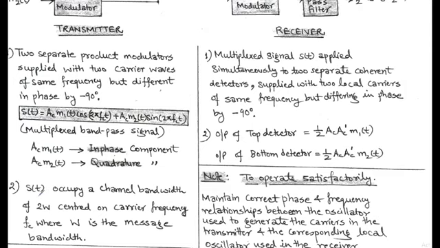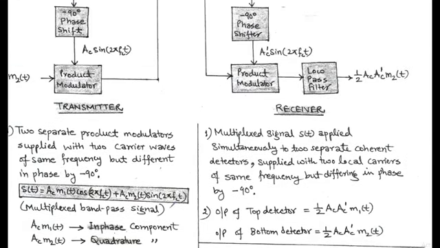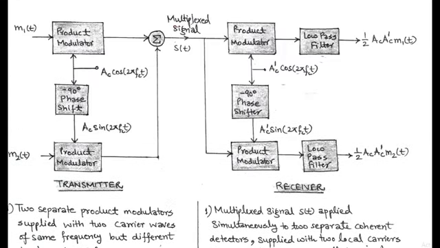Since this technique is based on a bandwidth conservation scheme, the multiplex signal occupies the same channel bandwidth, that is twice W. Here W is the bandwidth of the message signal, and this channel bandwidth is centered at the carrier frequency.